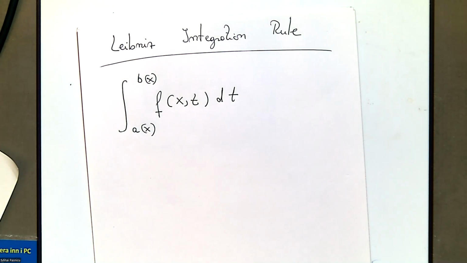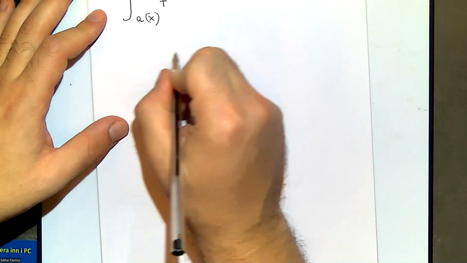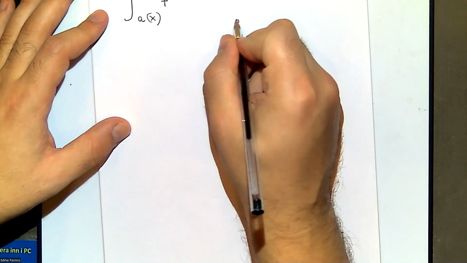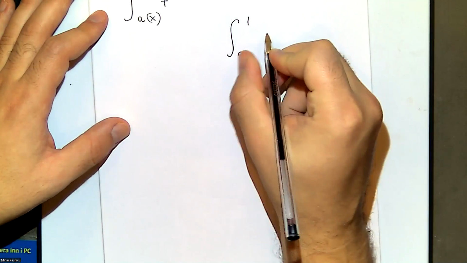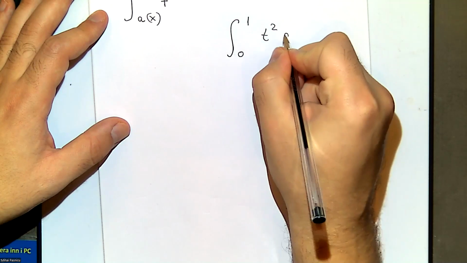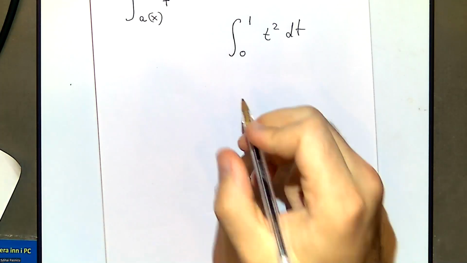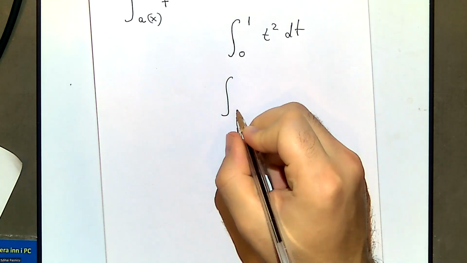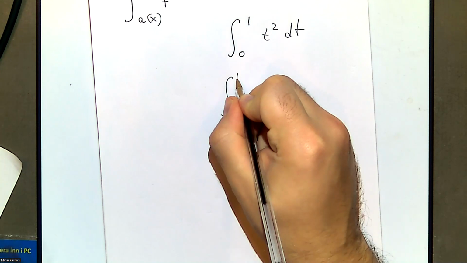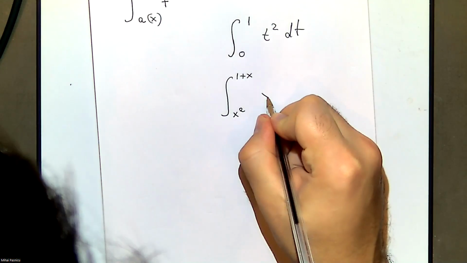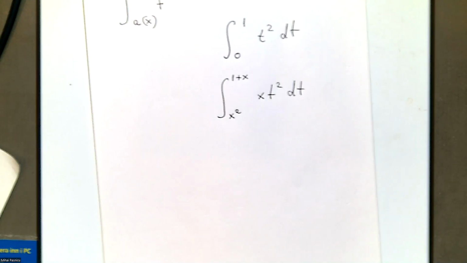Let me give you an example. Instead of having the simple integral, which looks like the integral from 0 to 1 of t squared dt, you have the integral from x squared to 1 plus x of x t squared dt.